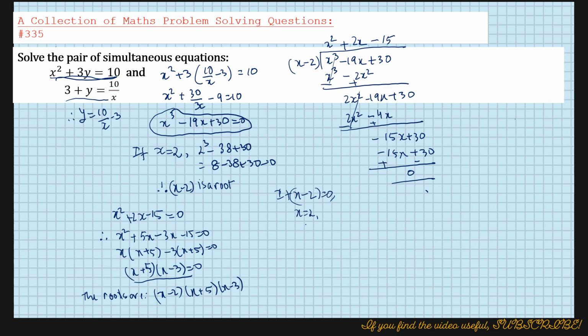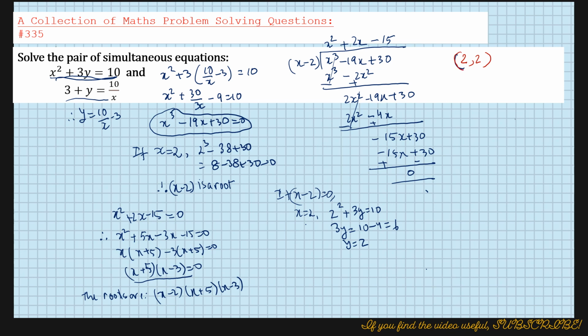We write x squared, that is 2 squared, plus 3y equals 10. 3y equals 10 minus 4, that is 6. So y equals 2. So we get one of the solutions as 2, 2.